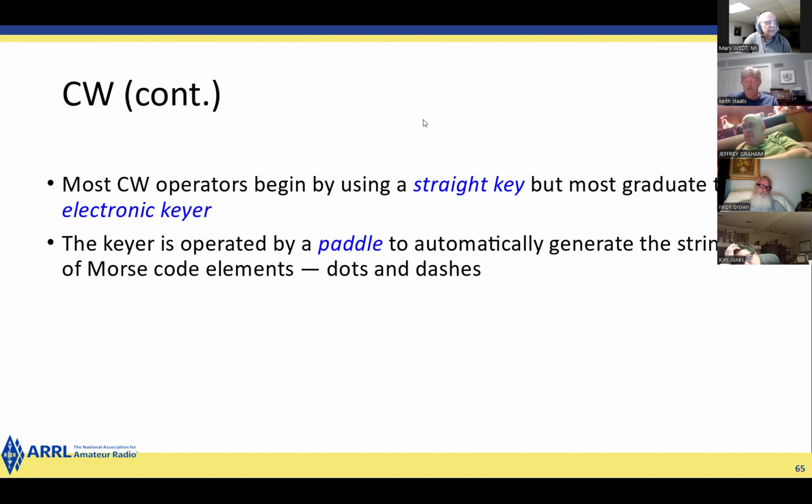If you're using it normally, the dashes are on the left panel, and the dits are on the right panel.